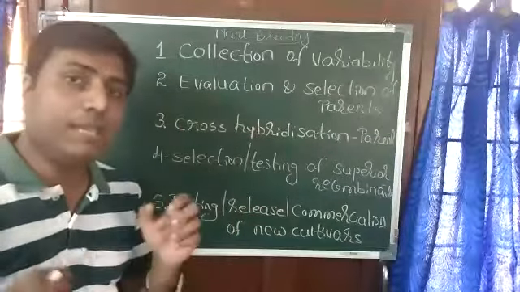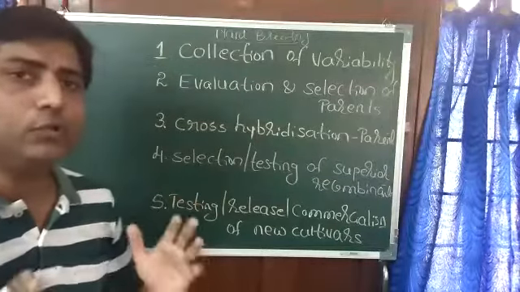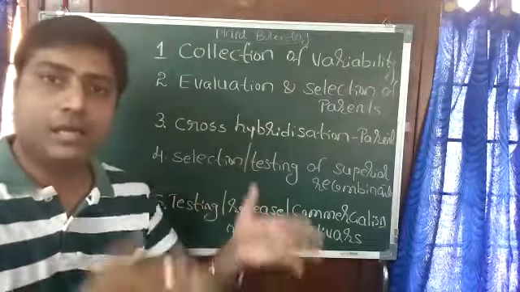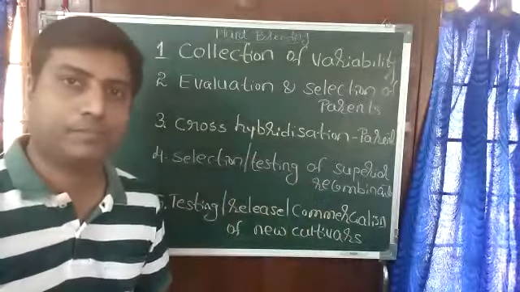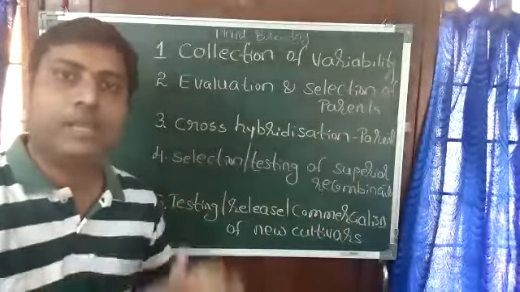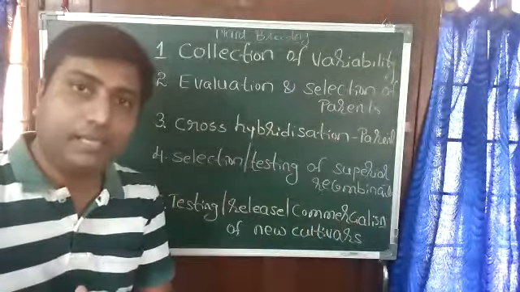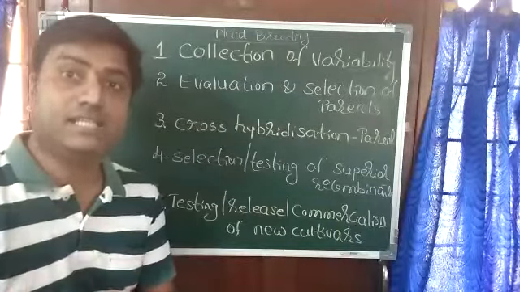Now what is the main purpose? For example, say there are two plants. One plant is rich in protein content, say that plant is A, and another plant, say B, is disease resistant.